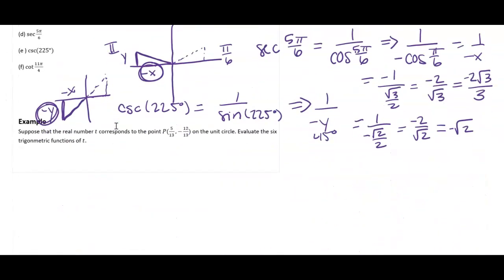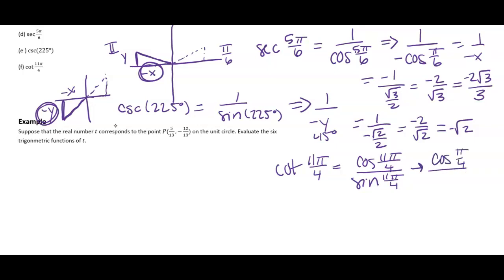If I want to find cotangent of 11 pi over 4, then that's going to be cosine of 11 pi over 4 over sine of 11 pi over 4. And I'm going to say that that's equivalent to the cosine of pi over 4 over the sine of pi over 4.